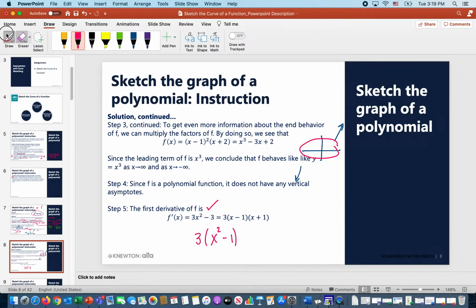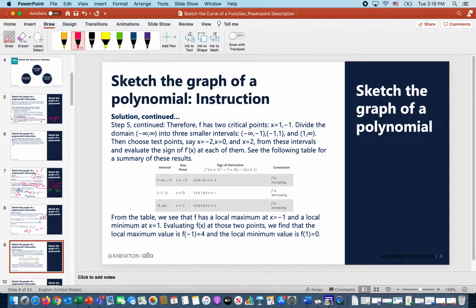So just in case you see a 2 right there on your PowerPoint, it should be a 1. This thing will factor into x minus 1, x plus 1, and we're going to set each of those equal to 0, and that gives me critical points of 1 and negative 1, and they show up here.